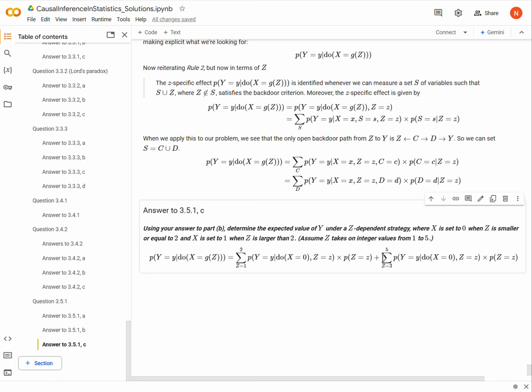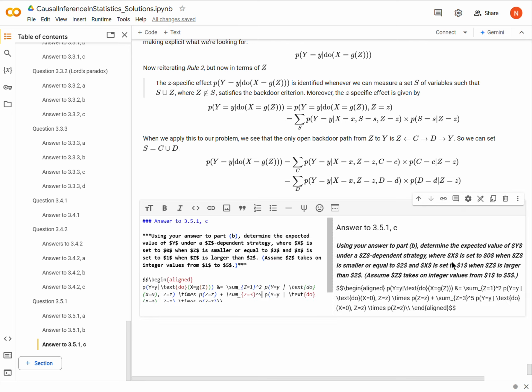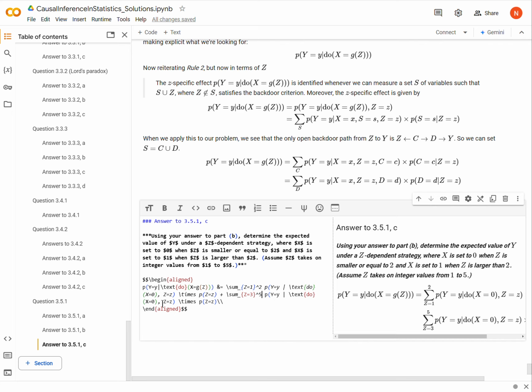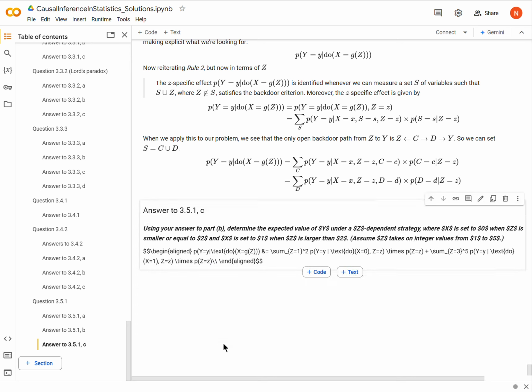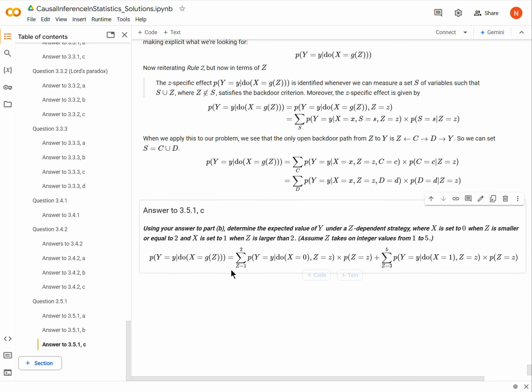And then if z is greater than 2, oh, there's a mistake right there. I actually want x to equal 1 under this circumstance. So when z is 3, 4, or 5, now I'm setting x equal to 1.